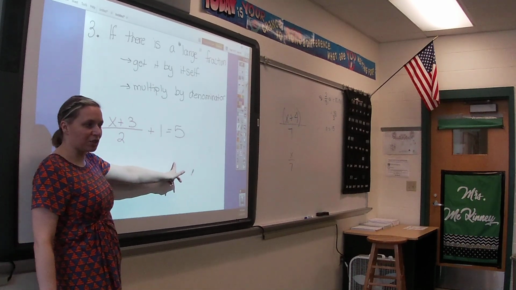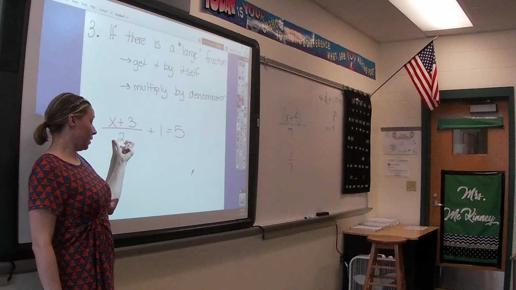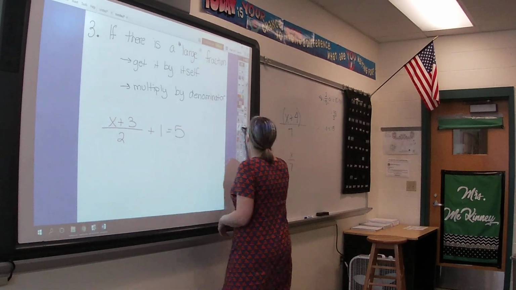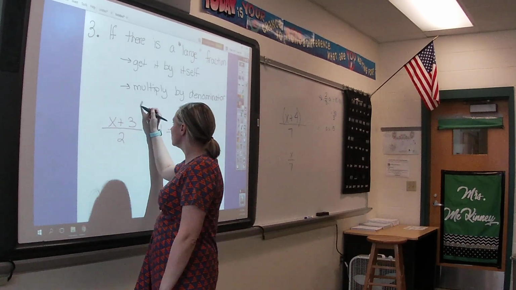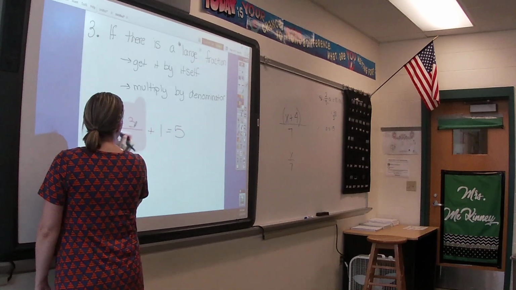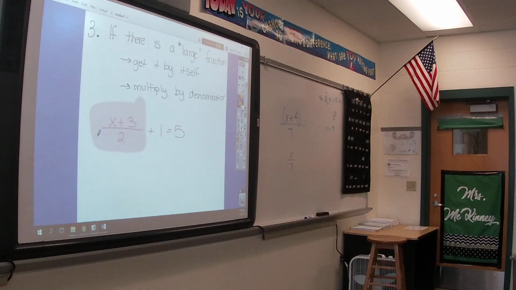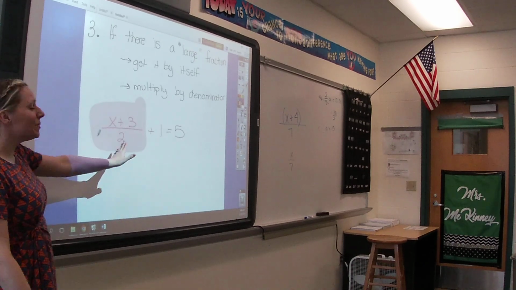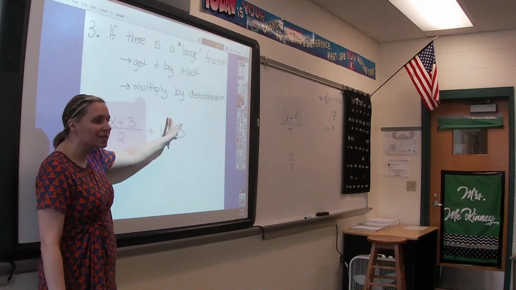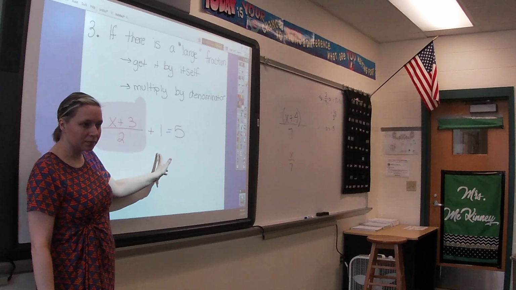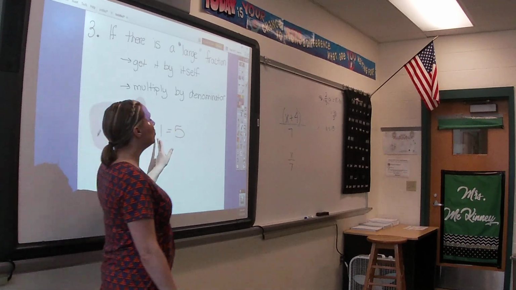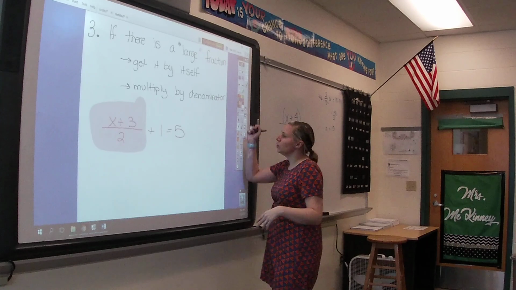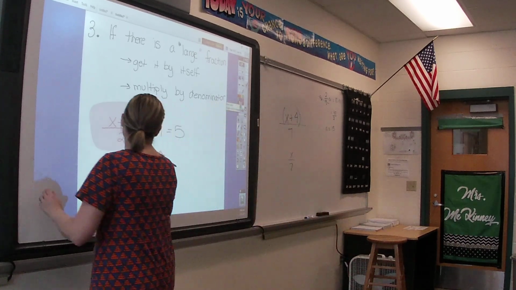Does this have a large fraction? Yes, right here. So I'm going to highlight the large fraction up here. But this large fraction isn't by itself, right? There's still something sitting over here with it. So we would need to move this adding 1, which we should know at this point we do by subtracting.